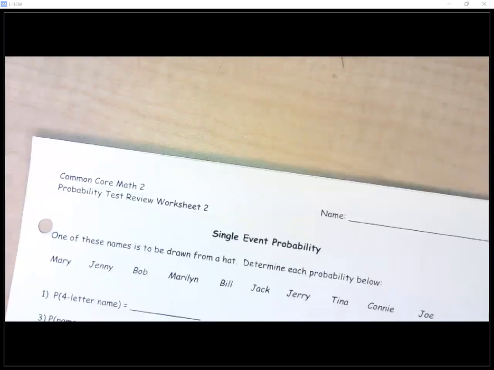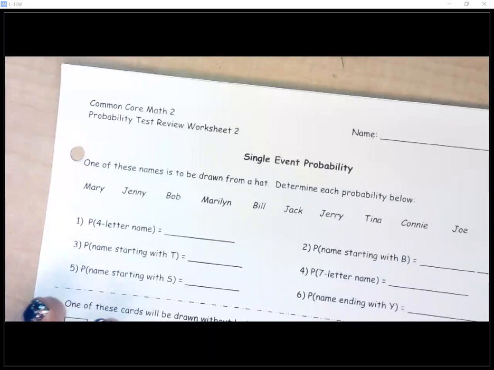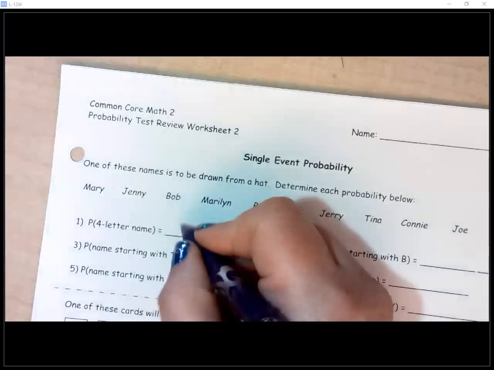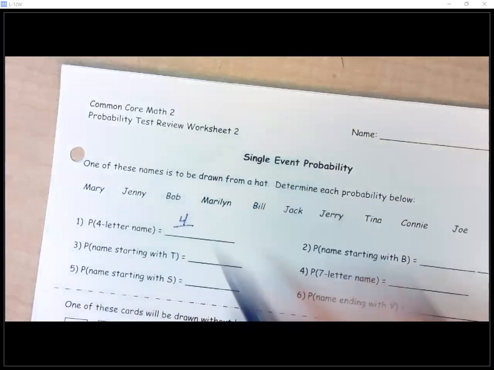Okay, so number one. Let's see here. One of these names is to be drawn from a hat. Determine the probability of each. How many 4-letter names are there? 4, there's 4-letter names. Do we all agree? So it's 4 out of what?